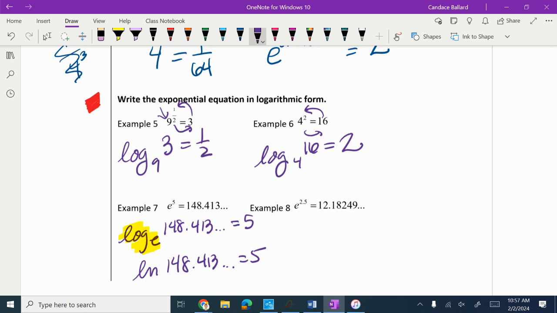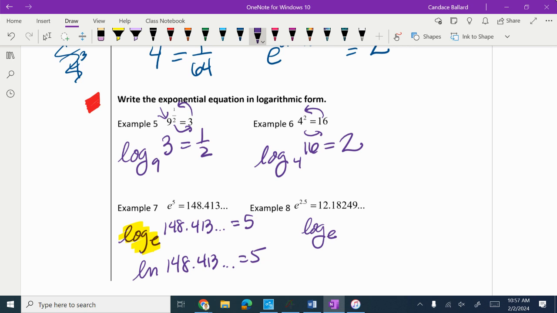Take a couple of seconds, like 40 seconds. Try example 8. Okay, what's the base? e, good.